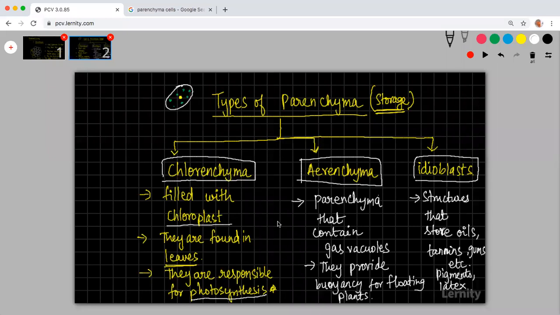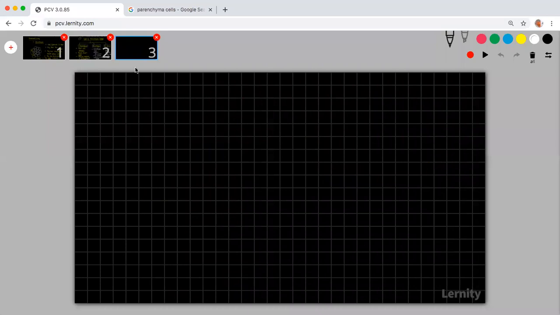When a group of parenchymatic cells are organized together, we call that a parenchymatic tissue. So now let us go ahead with the second type. The second type is what we call collenchyma.